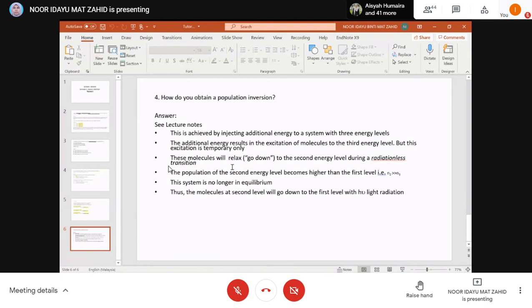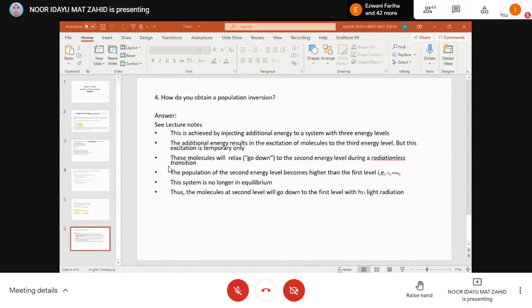So the last question is on population inversion. How do we obtain population inversion? Usually we're talking about a two energy level system. We can make it inverse in population by injecting additional energy so that it becomes a three energy level system.